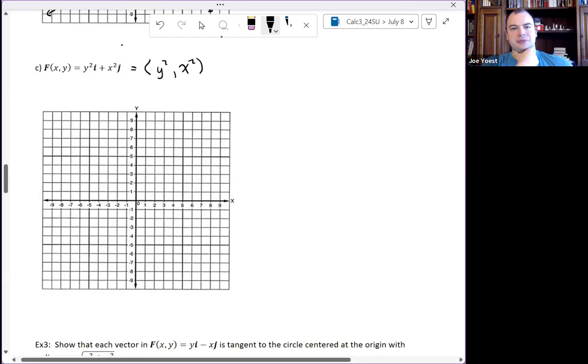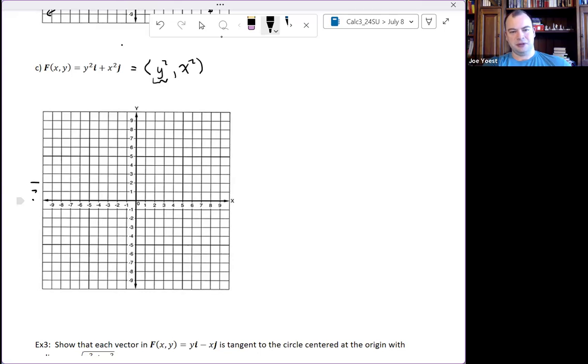So I noticed that the horizontal component depends only on y. If I draw it off to the side here, when y is 0, there's 0 contribution horizontally. When y is 1, there's a small positive horizontal contribution. 2, it's a little bigger. 3, it's even bigger still, and so on. And when I go negative, I get a similar result because of the square.